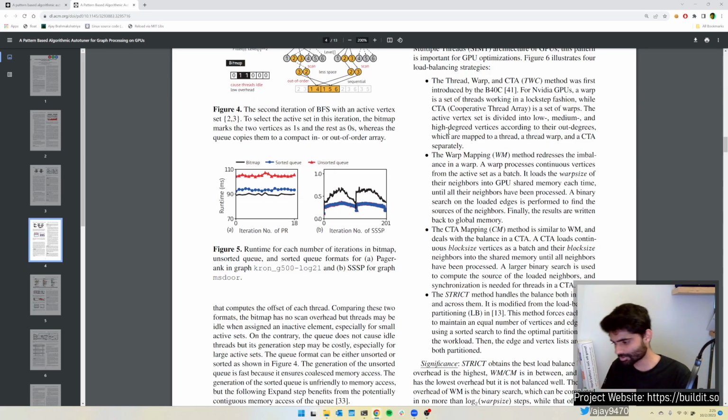It splits those into rows that have fewer non-zeros, a medium number of non-zeros, and a large number of non-zeros, and then handles them differently. It runs different code for the low ones, a different load balance strategy for the medium ones, and another for the high degree vertices. So it's sort of a hybrid load balance strategy. We will implement this one too.